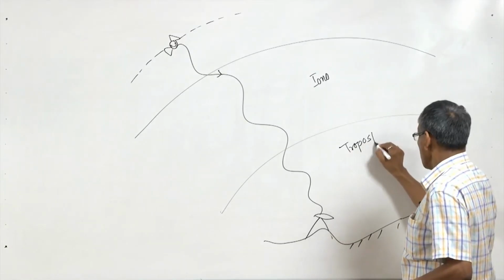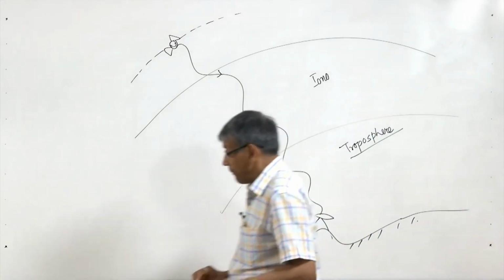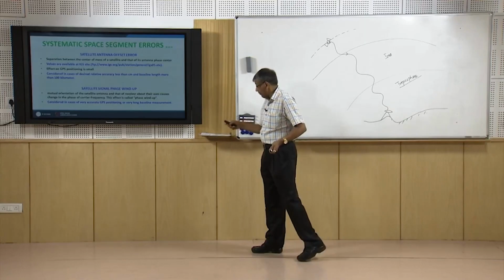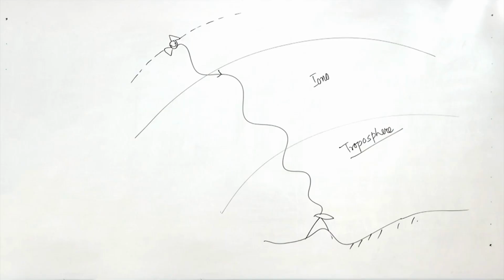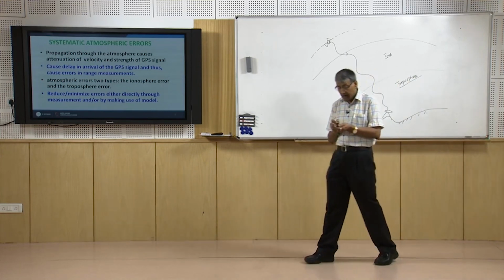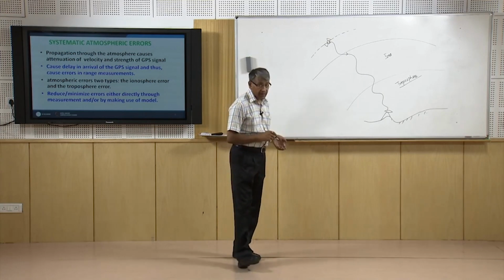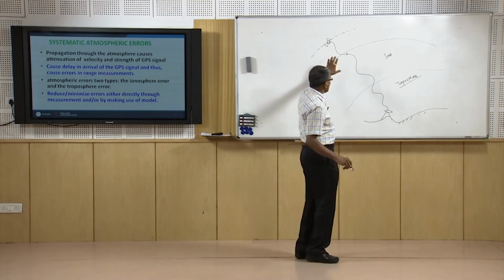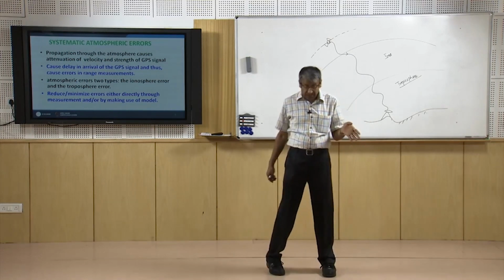All these things provide some error in the GPS observable, causing error in GPS positioning. So, these errors need to be addressed, computed, and then removed from the GPS observable.